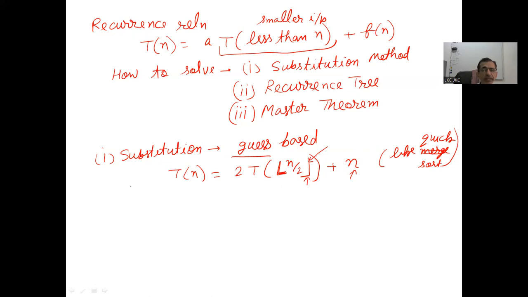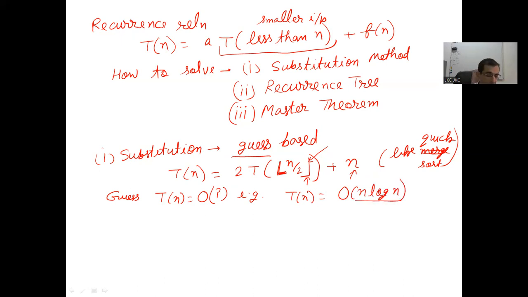Solving means guessing what is going to be the final answer. What is going to be T(n) equal to, in big O or something like that? For example, somehow I guess T(n) will be order of n log n. How will I guess? Again, that's a big question.